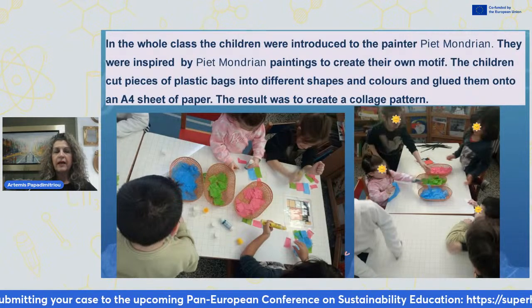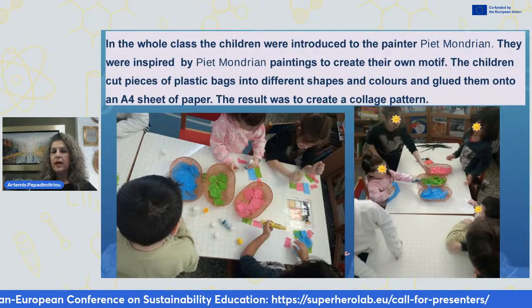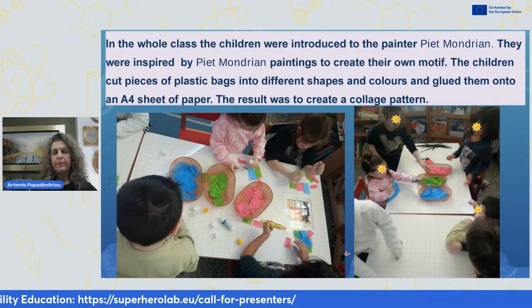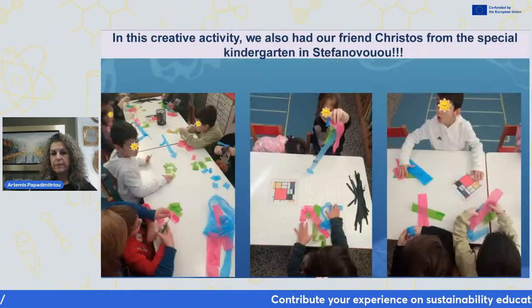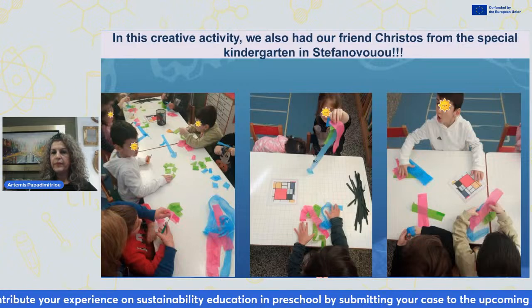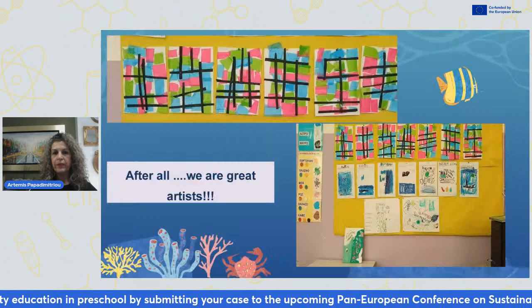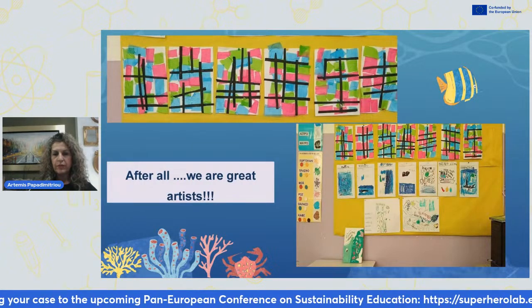The children cut pieces of plastic bags into different shapes and colors and glued them onto an A4 sheet of paper. The result was a collage pattern. In this activity, we also had our friend Christos from the special kindergarten in Stefanovno. After all, we are all great artists. We see the motifs.